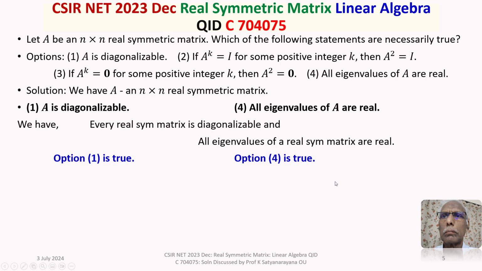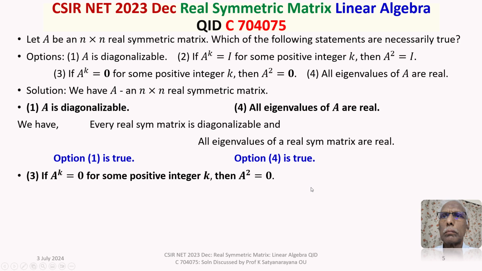Let's move to the third option. If A power k is the zero matrix for some positive integer k, then A square is also equal to 0.